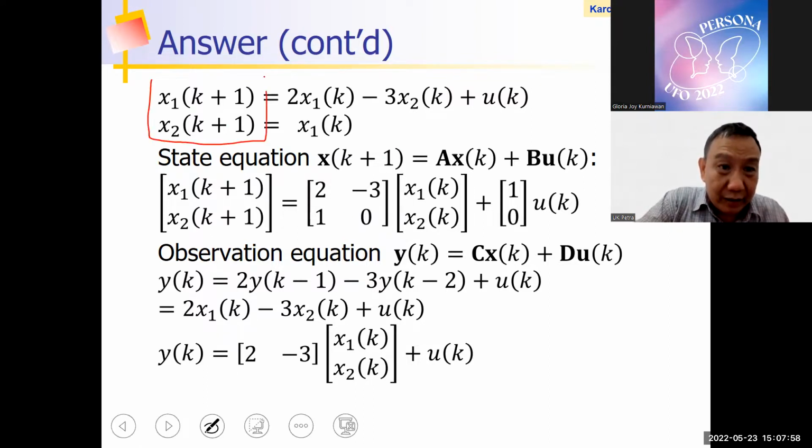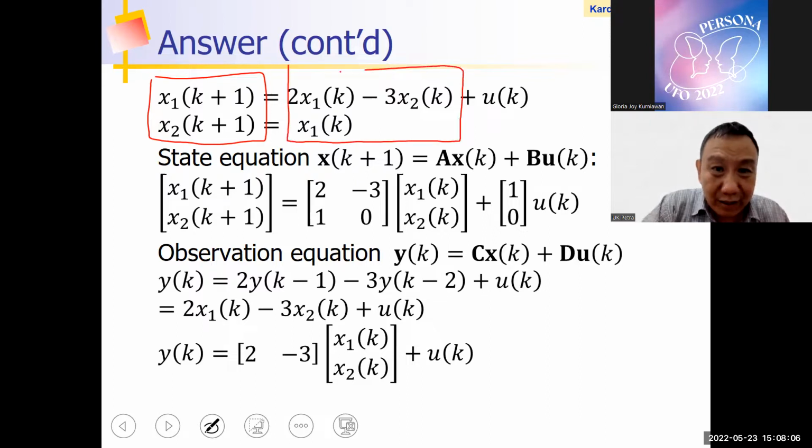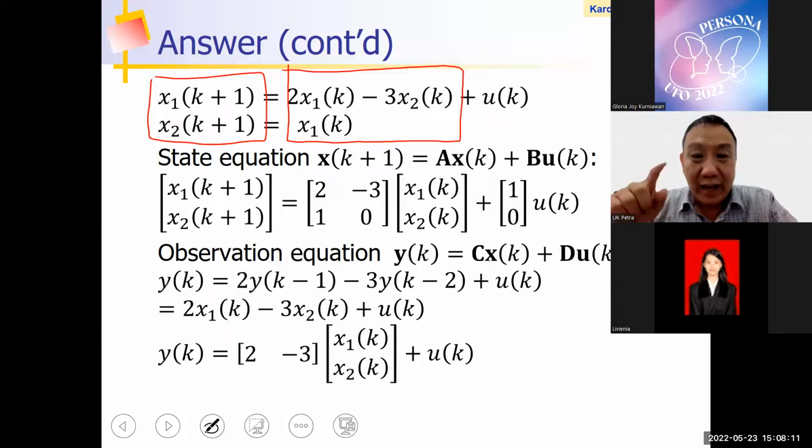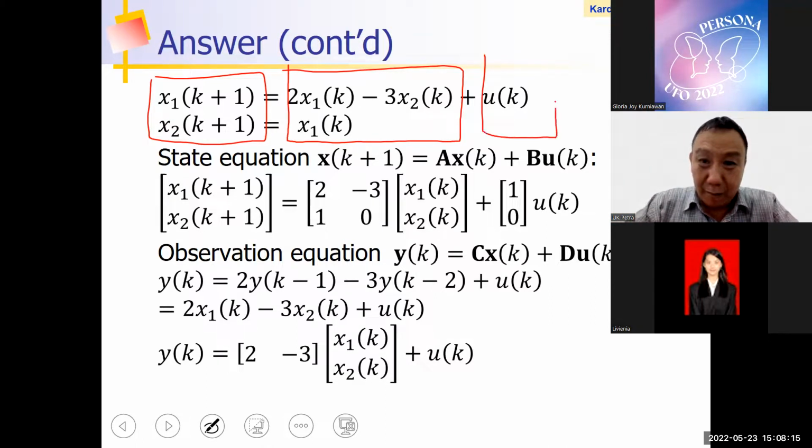This is x1, k plus 1, and then this is the matrix A times X. And then this is the B times U. Can you see that now?